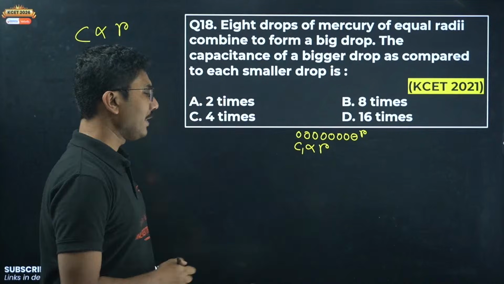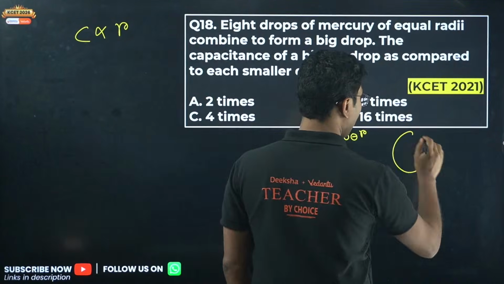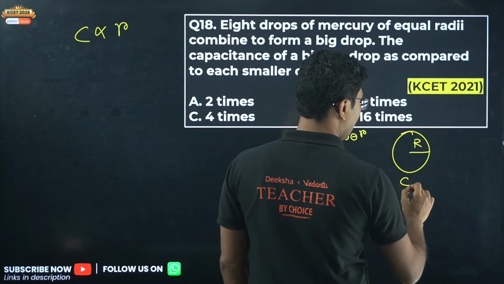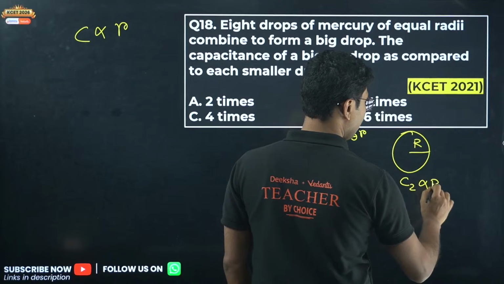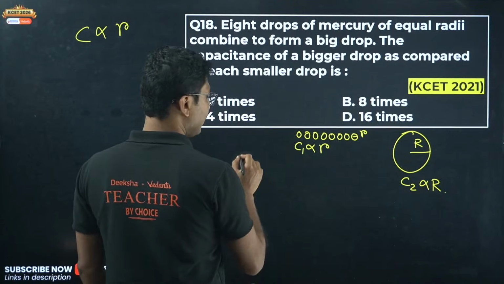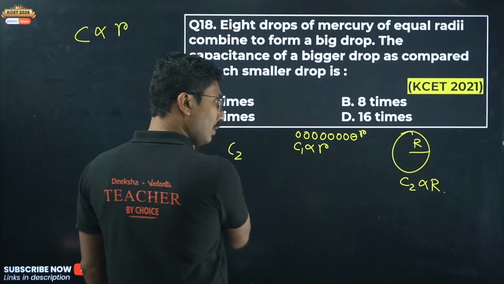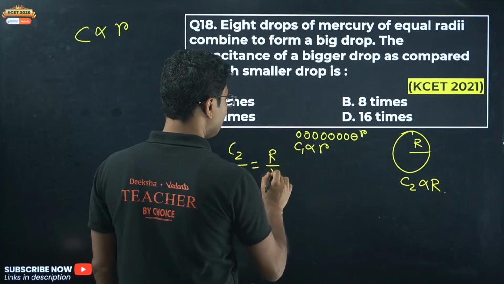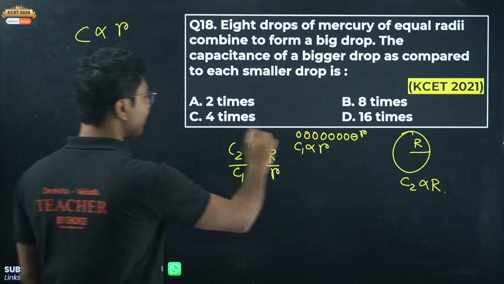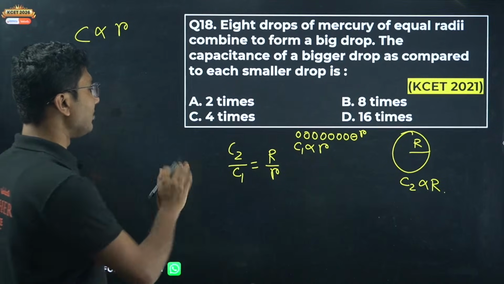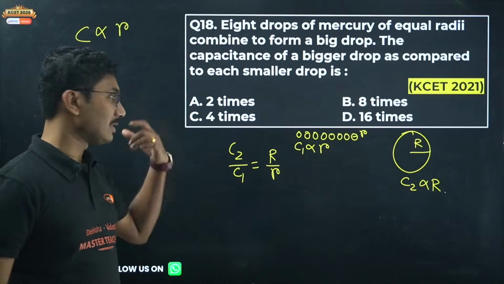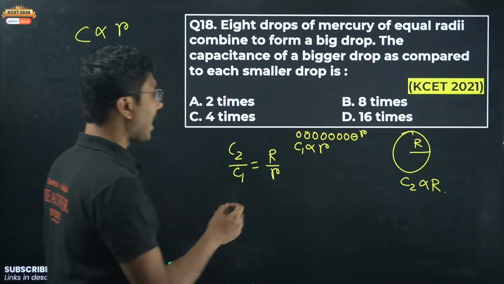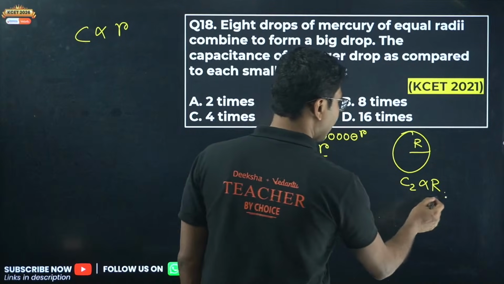Now when they all form a larger drop, say the new radius is capital R and the new capacitance C2 should also be proportional to capital R. So C2 by C1 is capital R divided by small r. If I can find this relation, I will be able to say that C2 is this much larger than C1. Now how to do that? How to find the relationship between small r and capital R?